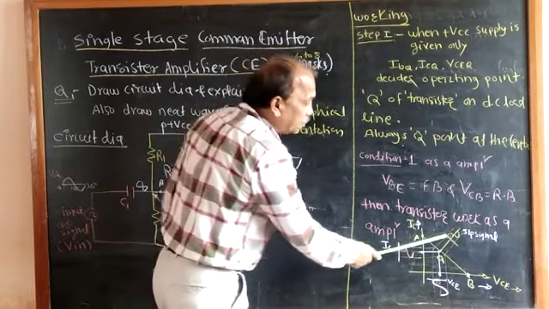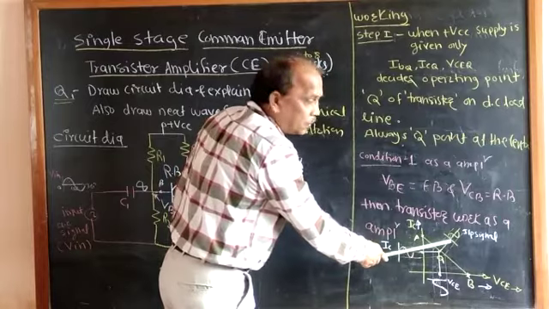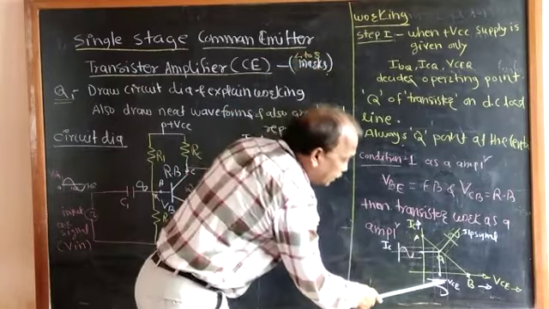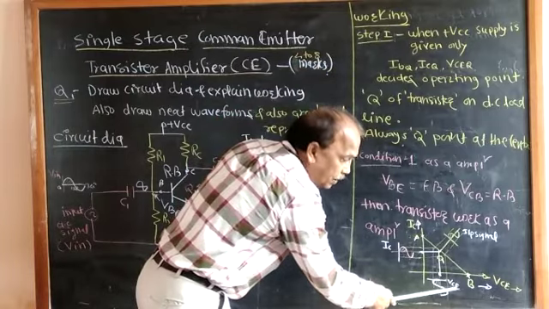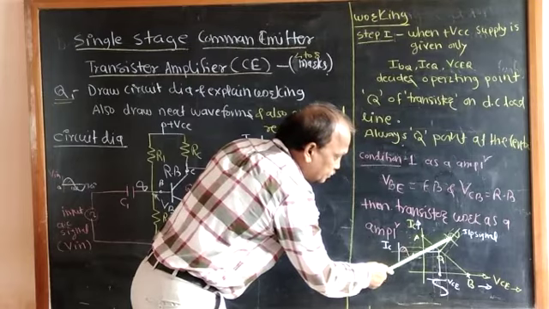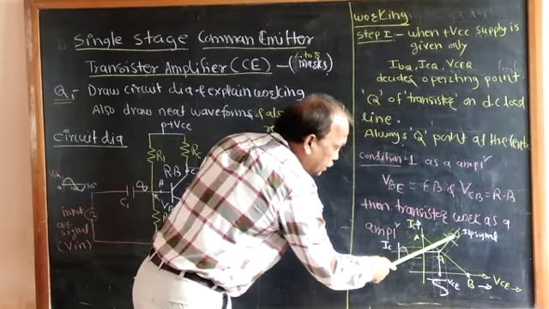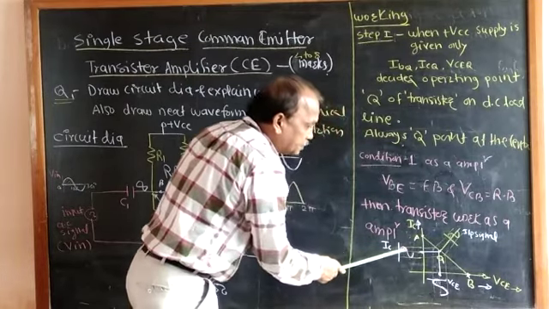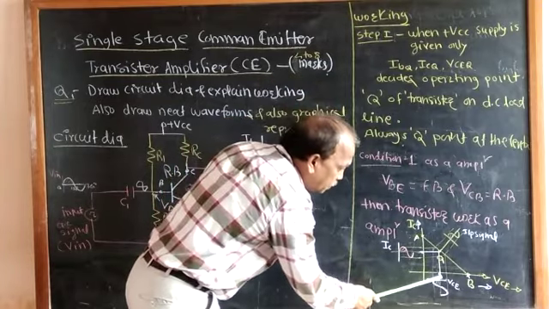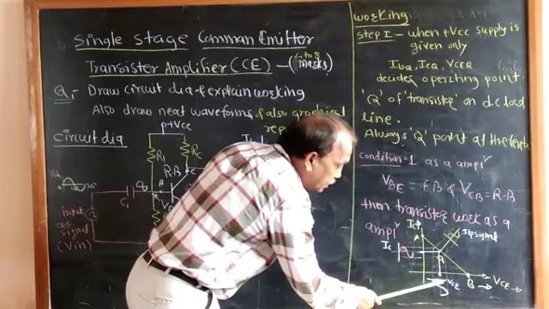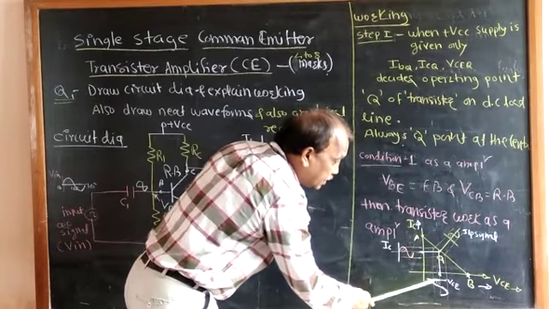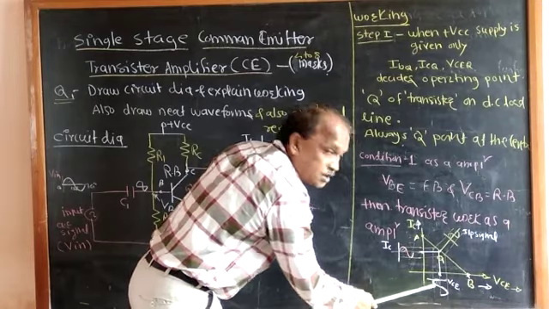The same nature as the input signal. Now what happens to the collector emitter voltage? During the positive half cycle, the nature of the input signal and the nature of collector current are the same. But at the same time, the nature of this output signal is different. Okay. Here it is increasing, decreasing, but in a reverse manner.